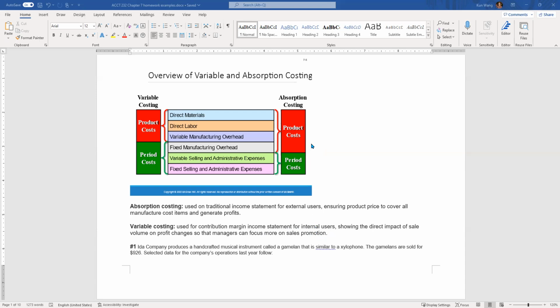But this is in contrast to absorption costing, as we explained. Under absorption costing, some of the overhead will be absorbed or buried in the balance sheet by the unsold finished goods. So for the manager's performance, if the inventory level increases, the finished goods increase, so they haven't sold as many units as they want.